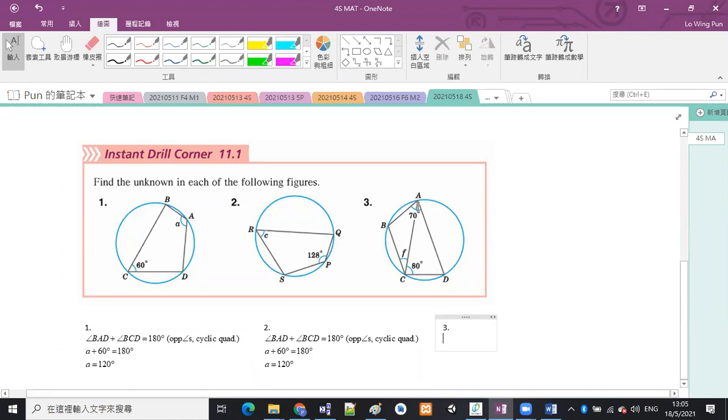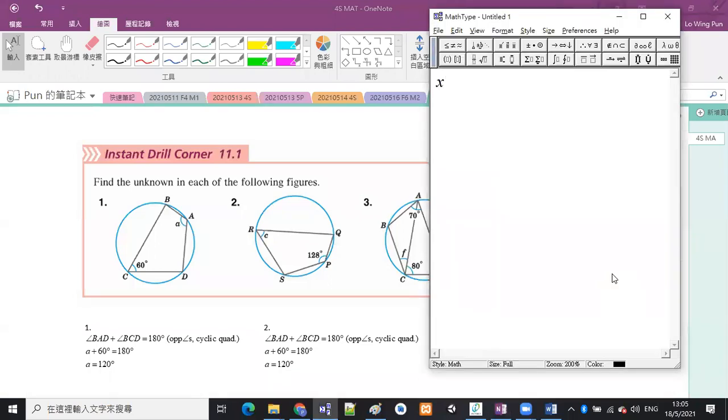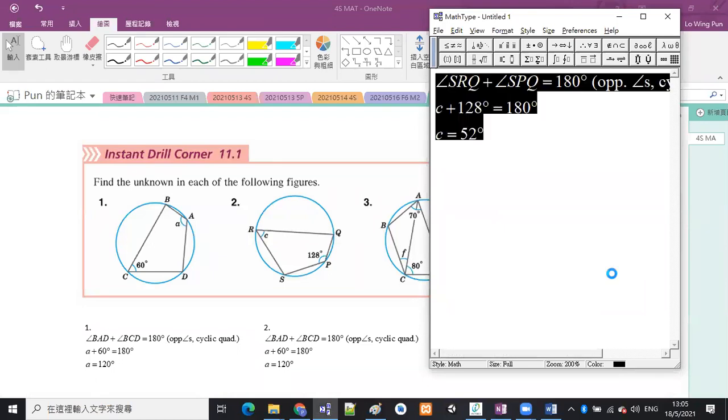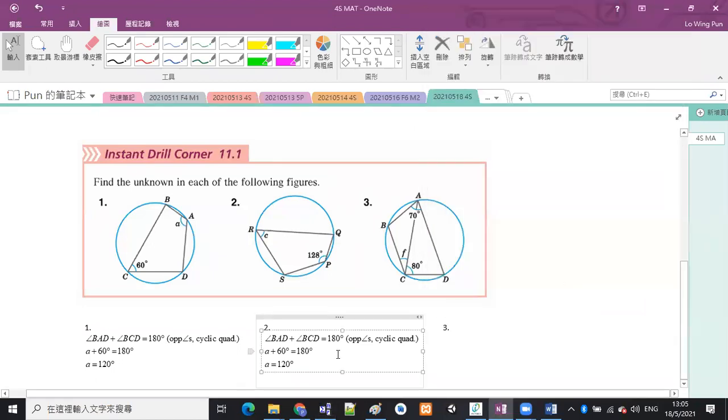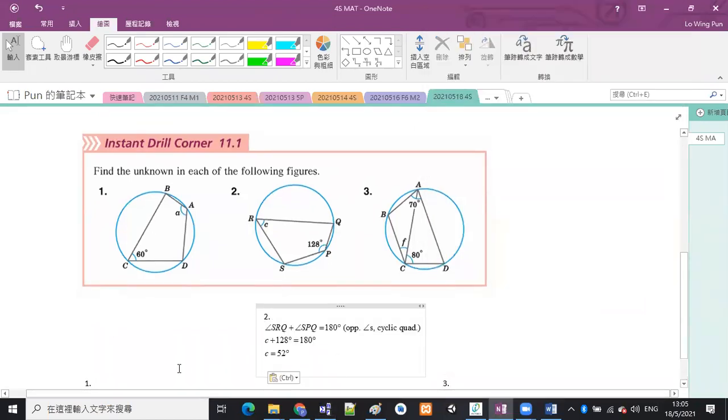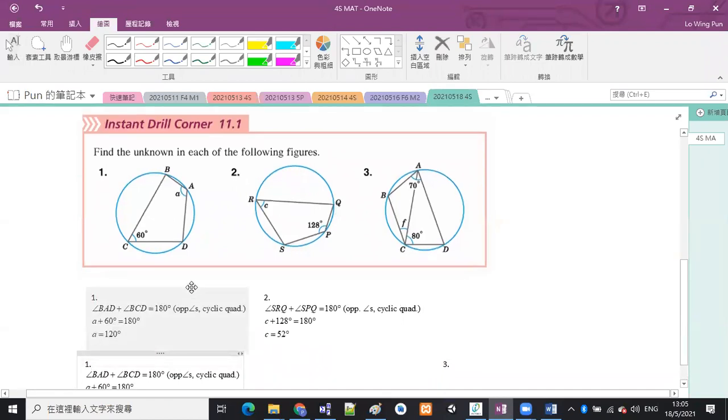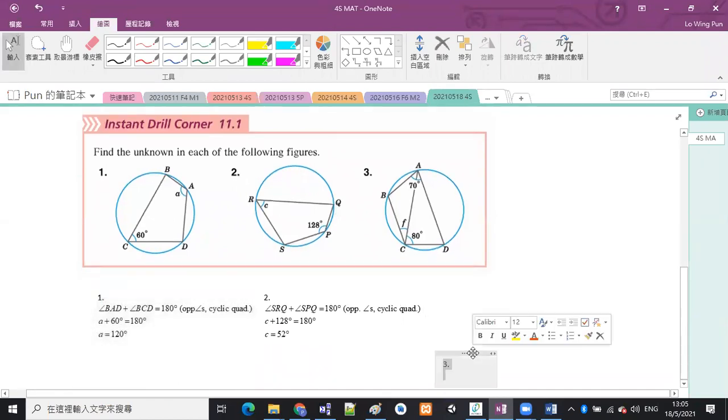although we have the line AC, the diagonal AC, ABCD is still a cyclic quad. Therefore, the sum of the opposite angles of a cyclic quad is still equal to 180 degrees.